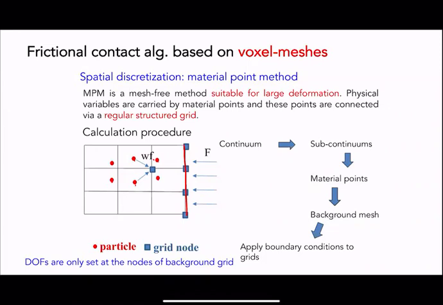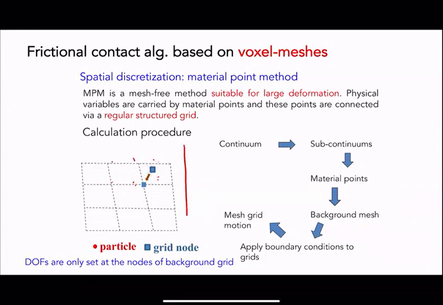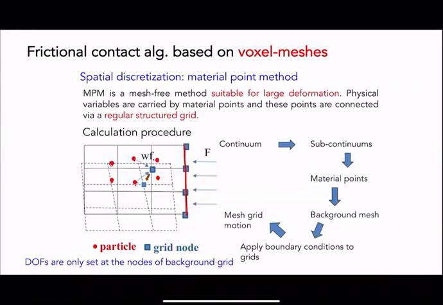In each time step, the external force would cause the background mesh to move, but instead of moving the background mesh, we apply the corresponding displacement field to the material point.